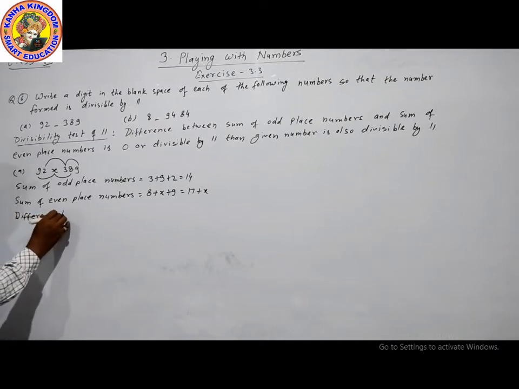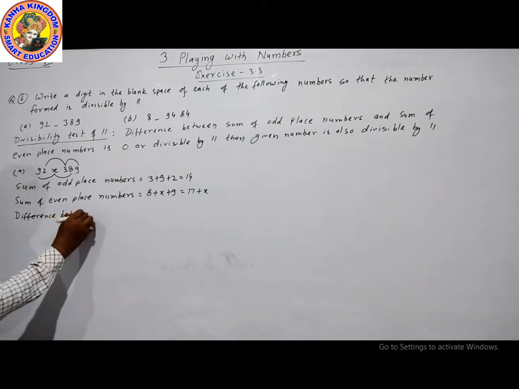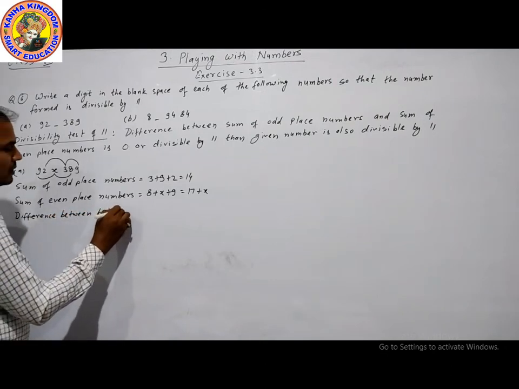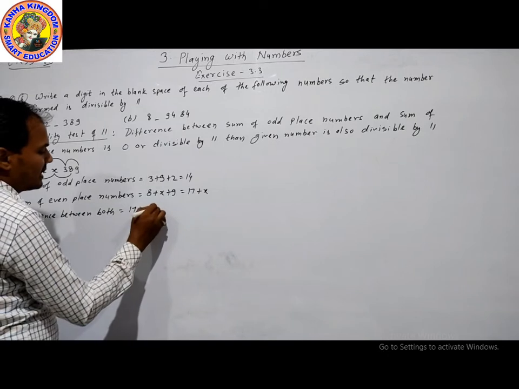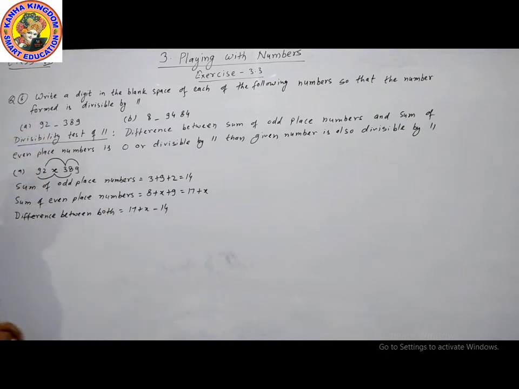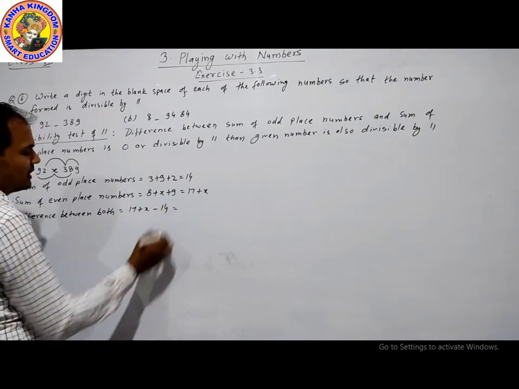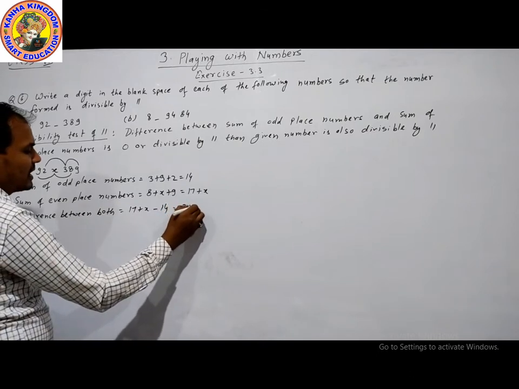The difference between both: 17 plus x minus 14. The answer is 3 plus x.